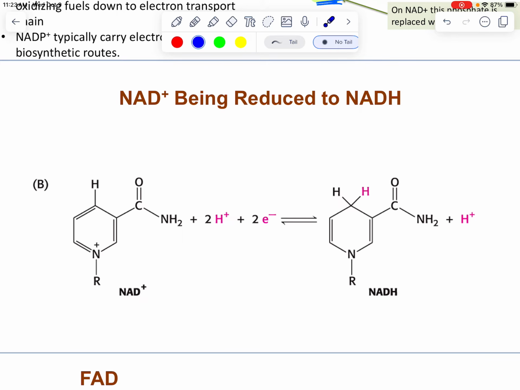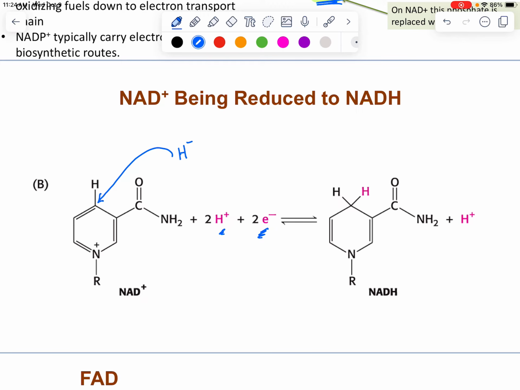So if we want to go from NAD plus to NADH, we need to gain that electron and that hydrogen. And so what we have is a hydride ion. So it's a hydrogen with 2 electrons. So you can think about one of these with these 2 electrons. And that's going to come in right here.